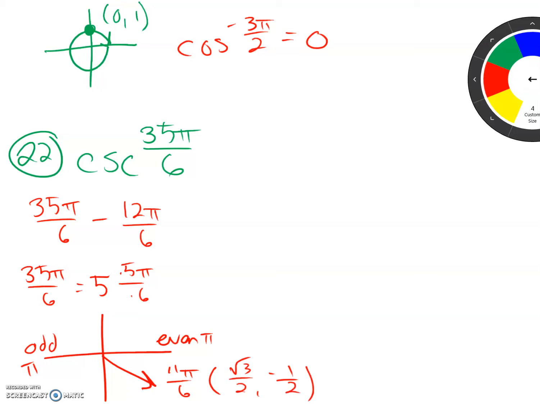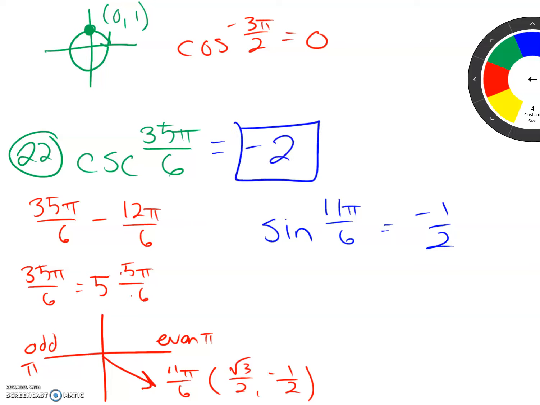So if we want to do cosecant, I'm going to do sine first. So sine of 11 pi over 6 would be negative 1/2. So when I flip it, cosecant would be negative 2. Okay?